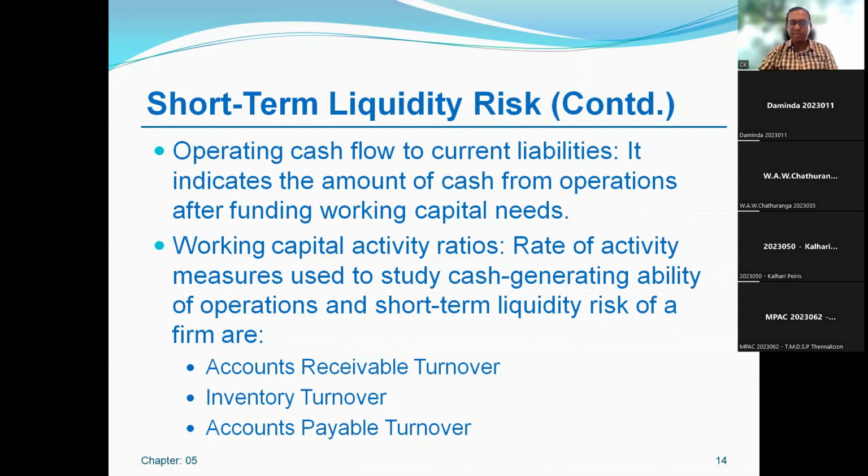Earlier, we looked at the current assets you find in the balance sheet against current liabilities. Now, as I told you earlier, even within current assets, you have different types of assets, and there's no guarantee that the entire thing you find inside the current assets will get converted into cash within a given period.